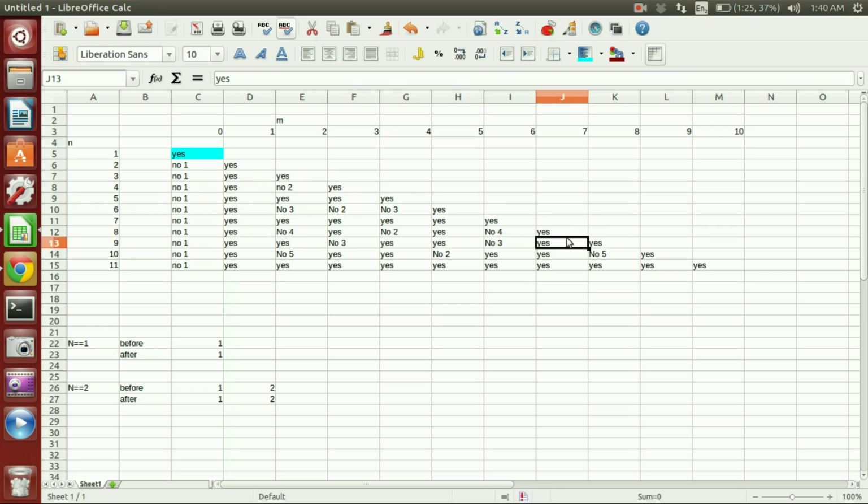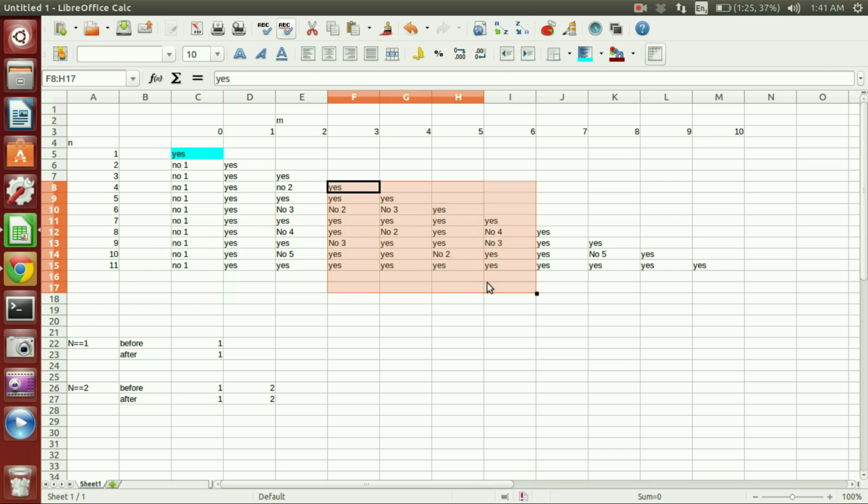Why? I request you all to do it yourself by trying them on paper. Now for m equal to 2, we calculated the values, and the rest of them also.